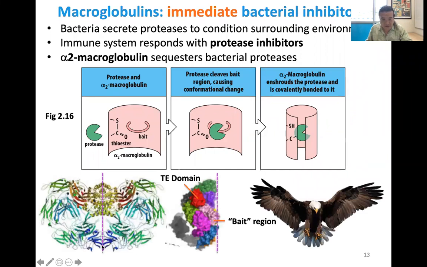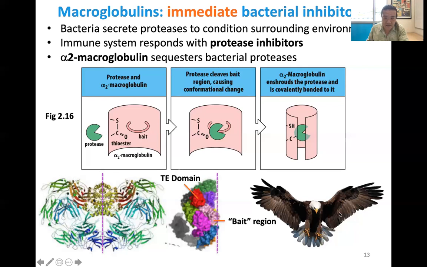Right down the middle, if you put this dotted line, let's just look at the left half of it. This is the left half of it now. If you fill in the electron orbitals of all the amino acid side chains, you can see here is where the thioester bond domain is currently held. And then this region across the middle here is the bait region, right? So when that bait region is broken, the whole thing closes up.